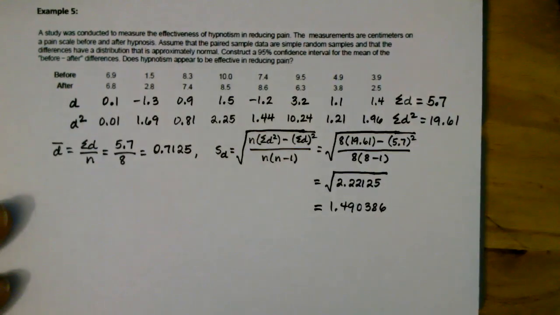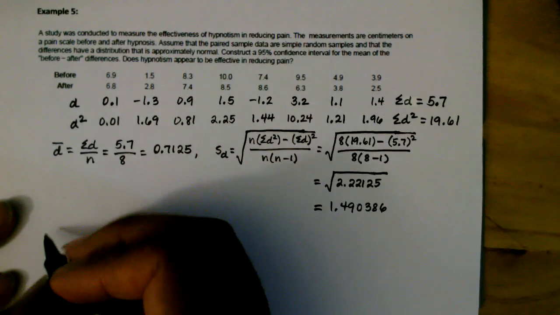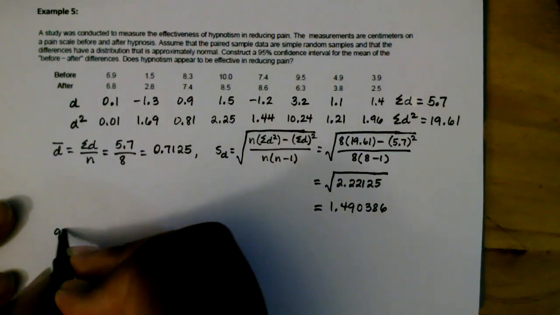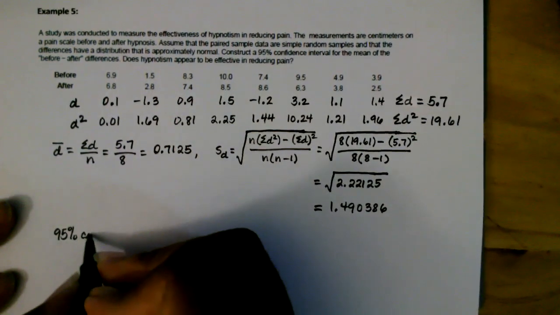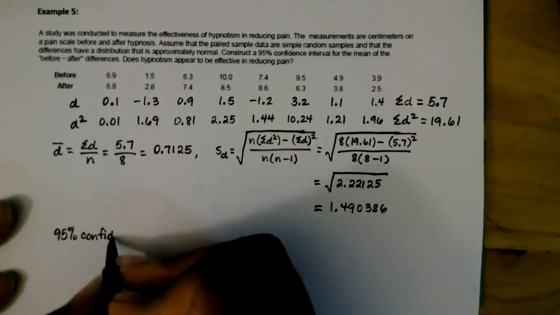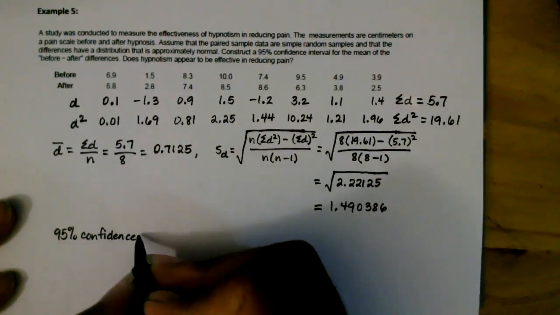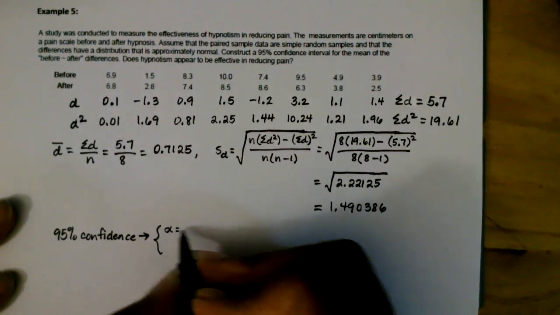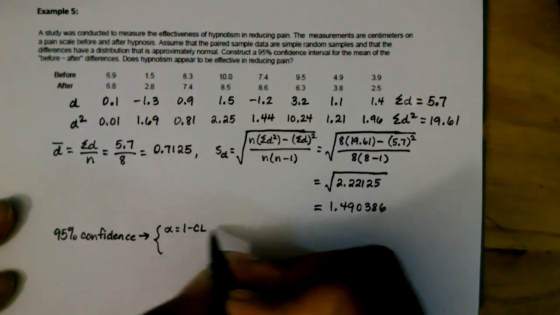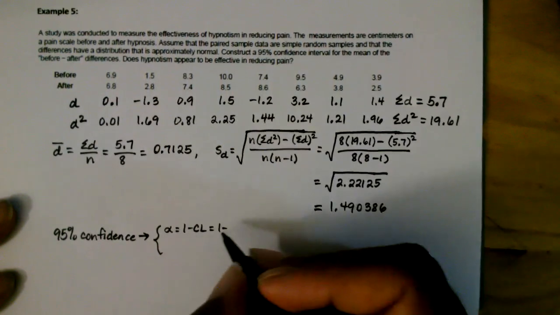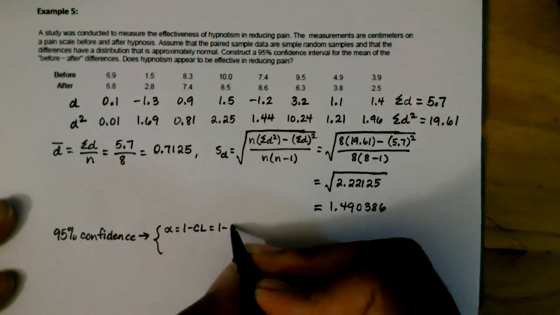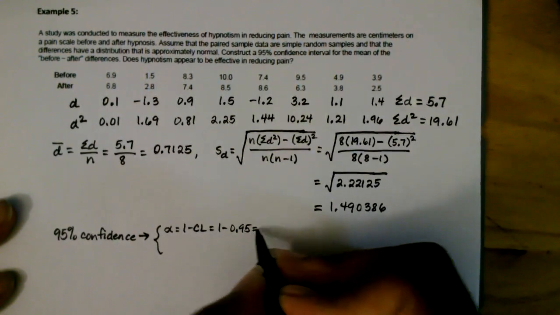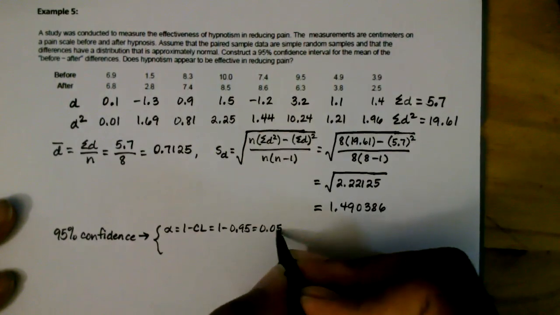Now, we need our critical t-value. We're constructing a 95% confidence level. So 95% confidence means this. Our alpha level is going to be 1 minus the confidence level. We need that alpha level in 2 tails, so it'll be 1 minus 0.95, which would be 0.05.